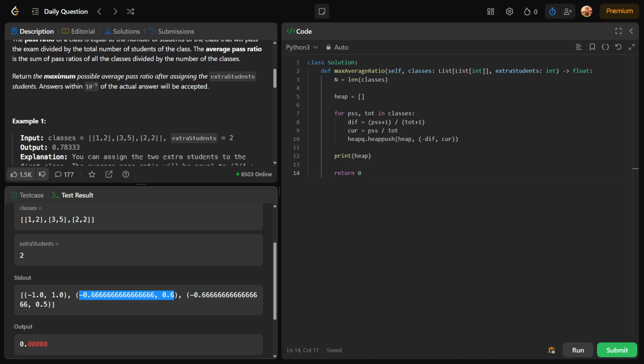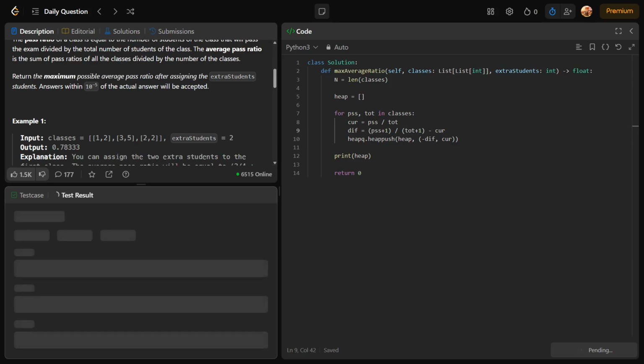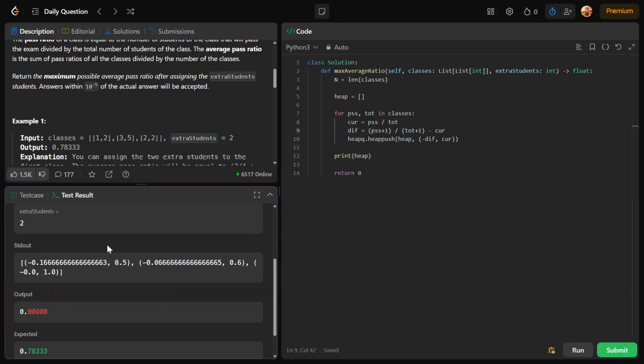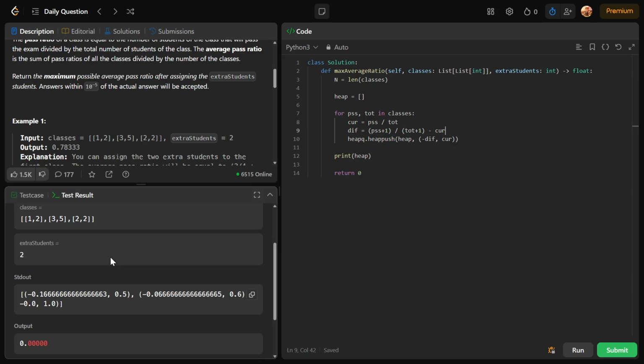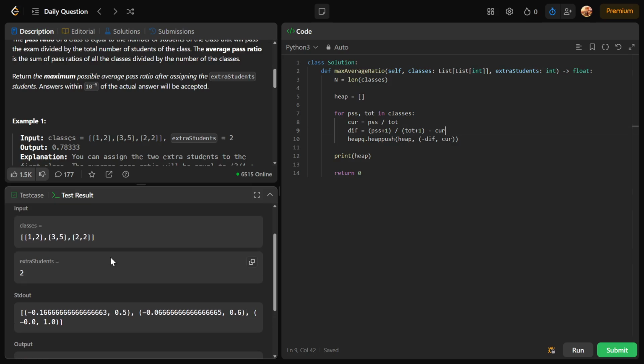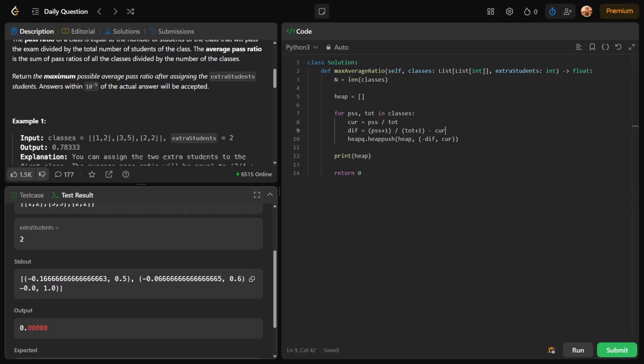Then we also have to subtract this. We need to subtract the current one along with that. Okay, this seems right.